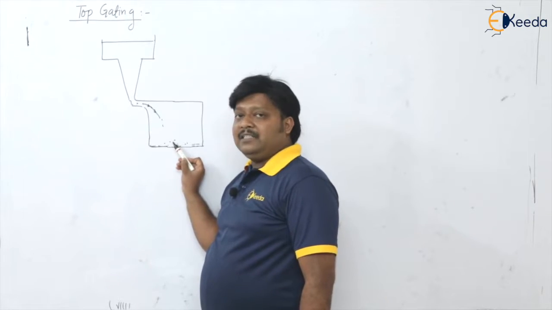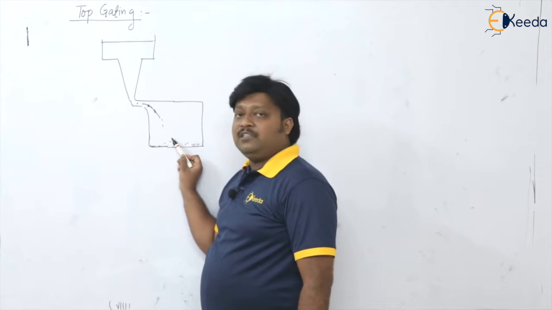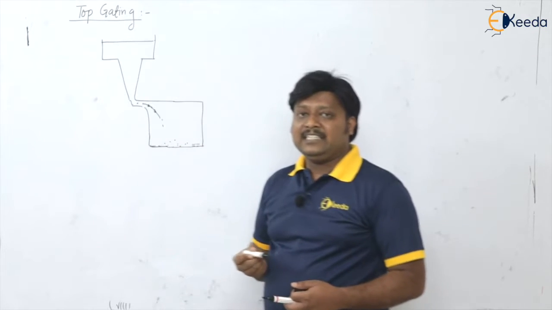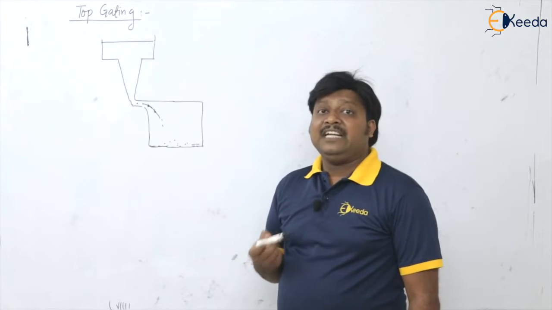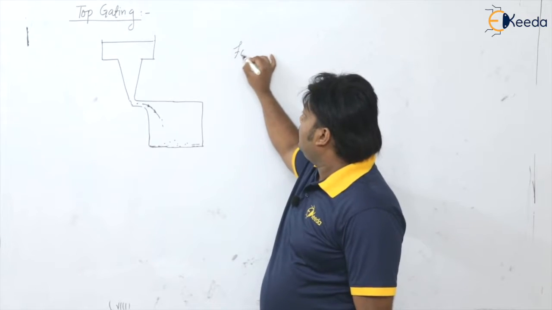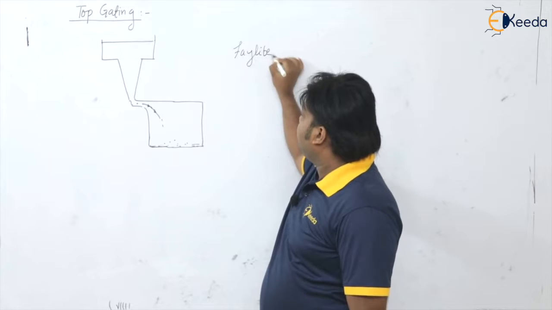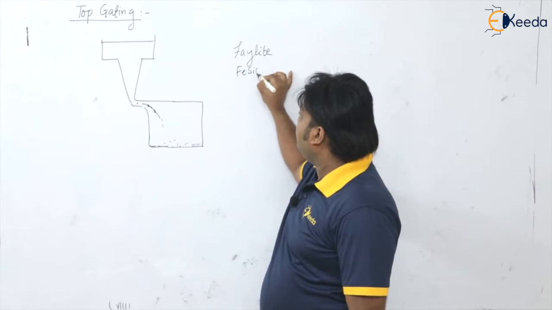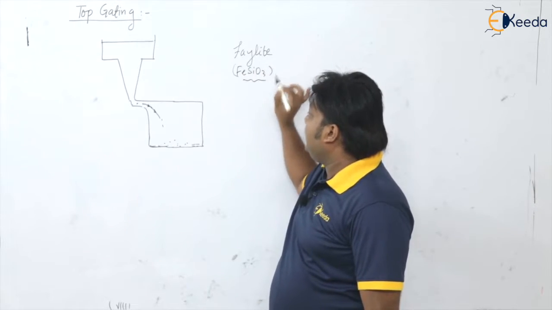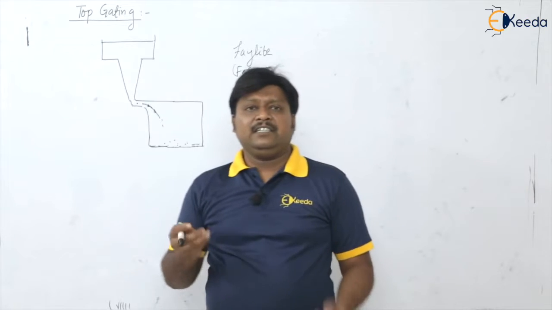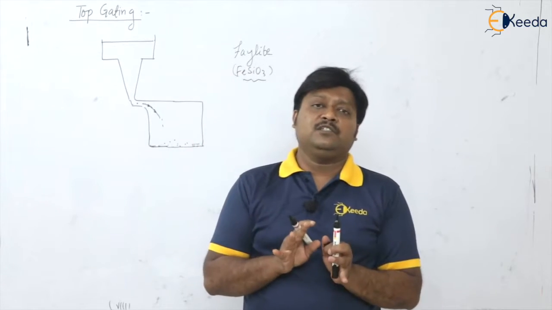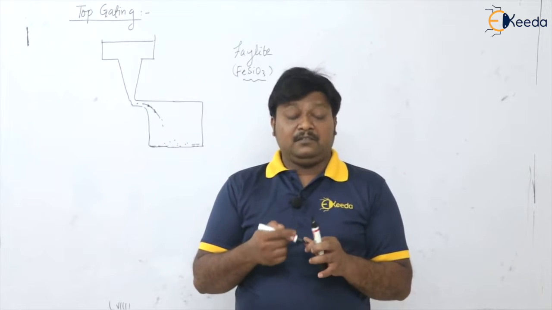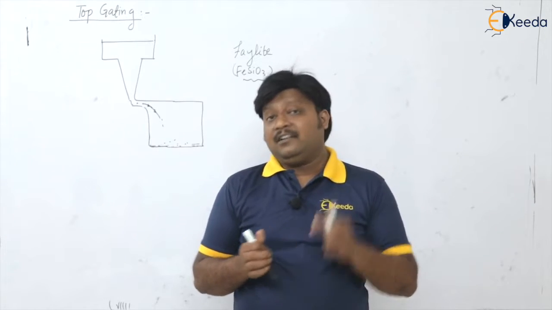The sand particles are coming in contact with the molten metal, and the reaction takes place, and there is a production of the fayalite, which is FeSiO3. And this fayalite actually gets dispersed into fine particles everywhere in the mold cavity, and this fayalite is very, very hard.